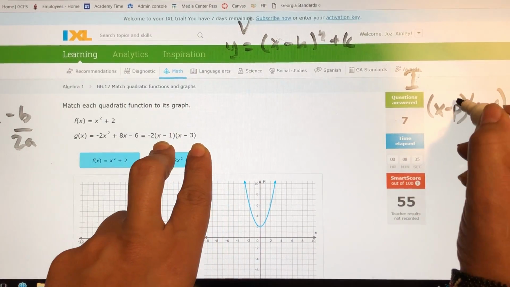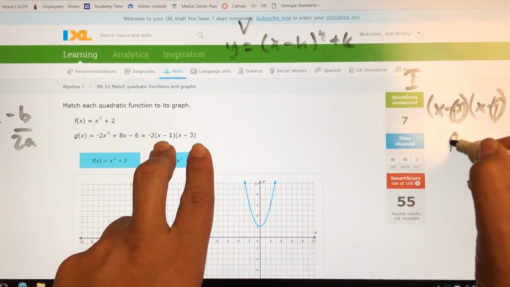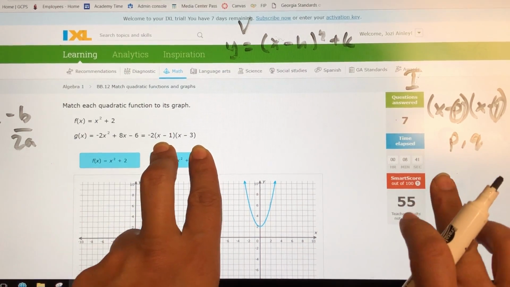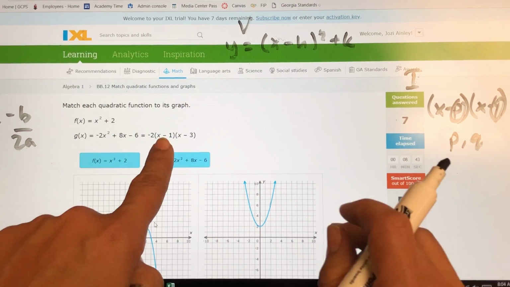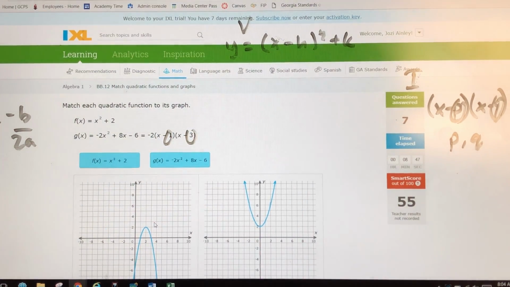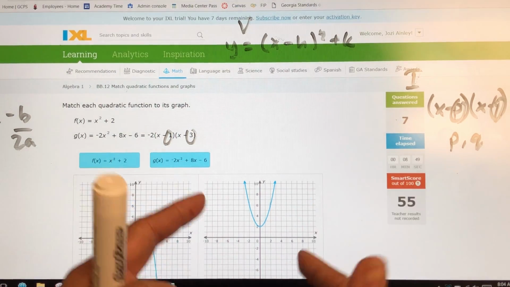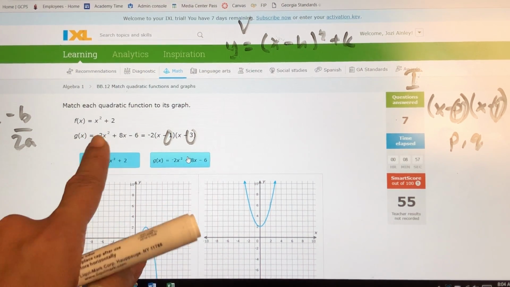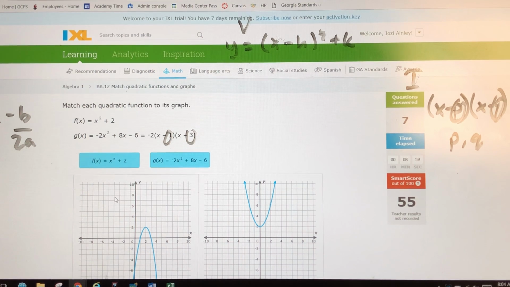P and q are the roots, or where it crosses the x-axis. Because they're both minus already, I'm good. It crosses at 1 and 3. So now you look at where the graph crosses the x-axis. Here it doesn't cross at all, so it has to be this one. Crosses at 1 and 3. So intercept form is even faster, and that's my second equation.